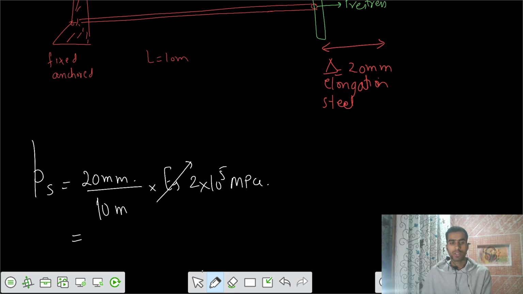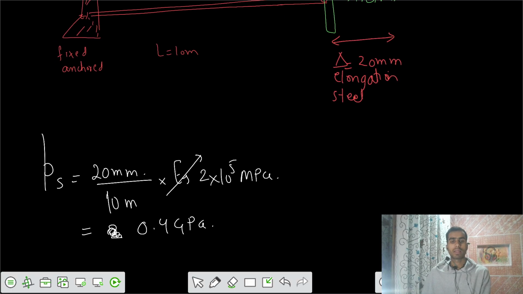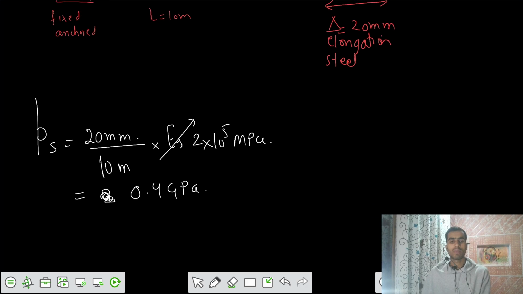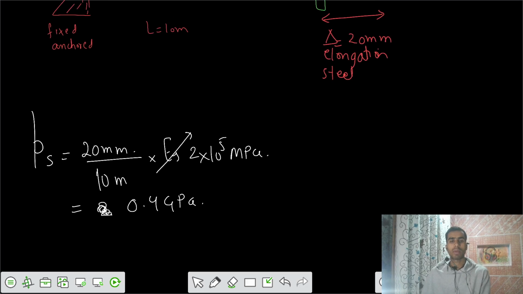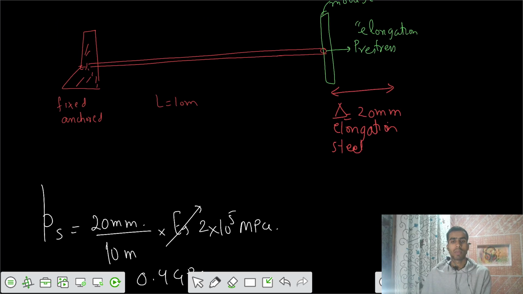So the stress developed in the steel wires is 0.4 gigapascal.